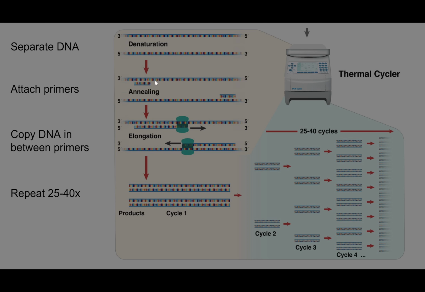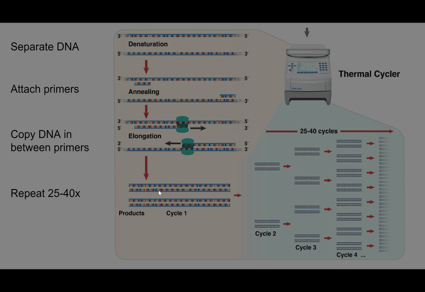This is where we cool down the temperature just a little bit, and our primers will stick to their complementary sequence and serve as bookends for the thing that we want to copy. And then during a different part of this thermal cycle, where we change the temperature again, it's the temperature at which the enzyme is most active and will actually copy the DNA.